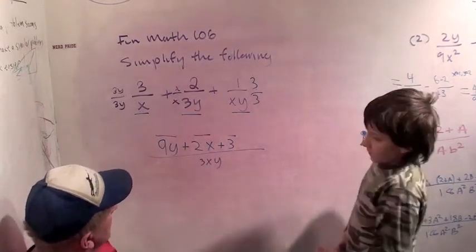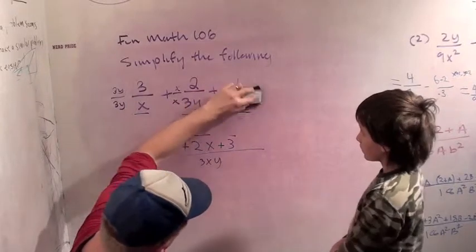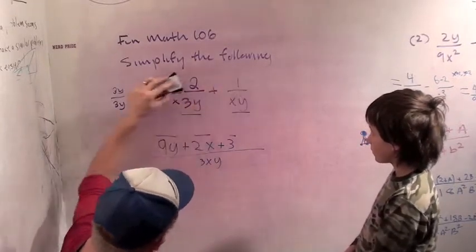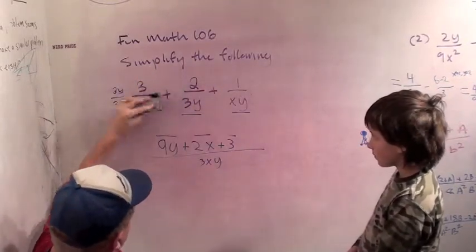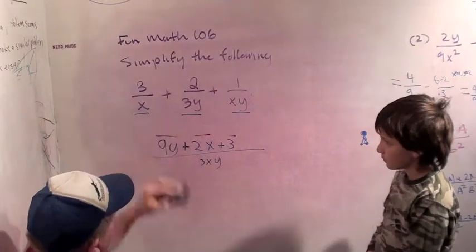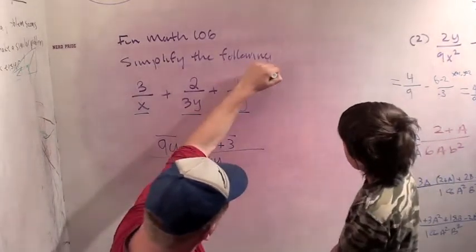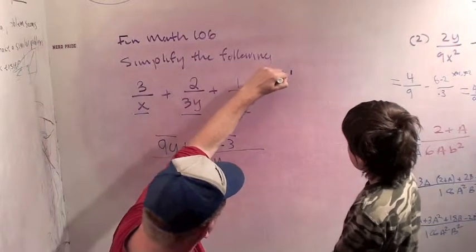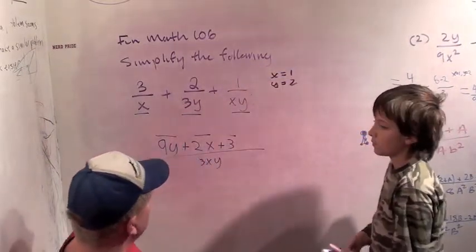Okay, so now let's check. And you can't check perfectly, especially when you don't leave enough room. But we can check with something simple. We'll let, say, x equal 1, and let's let y equal 2, just to pick something really easy.